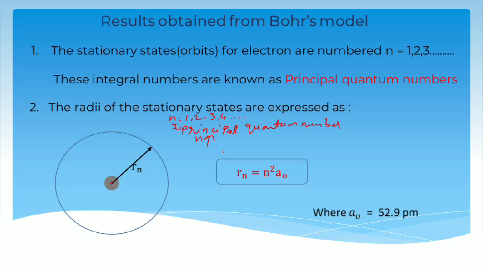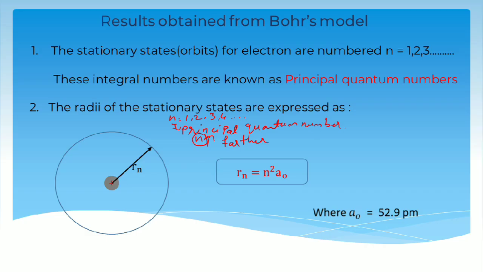As the value of n increases, the electron moves farther away from the nucleus and its energy also increases.